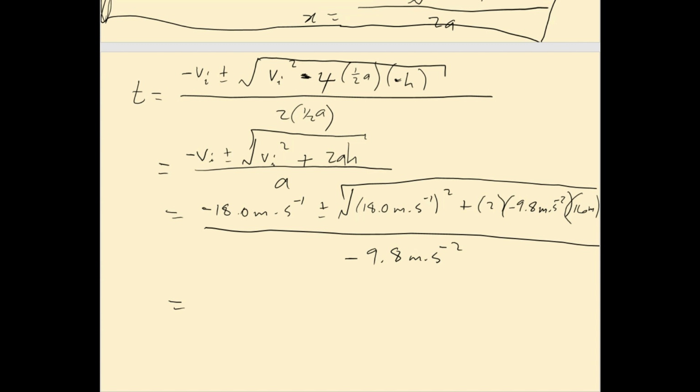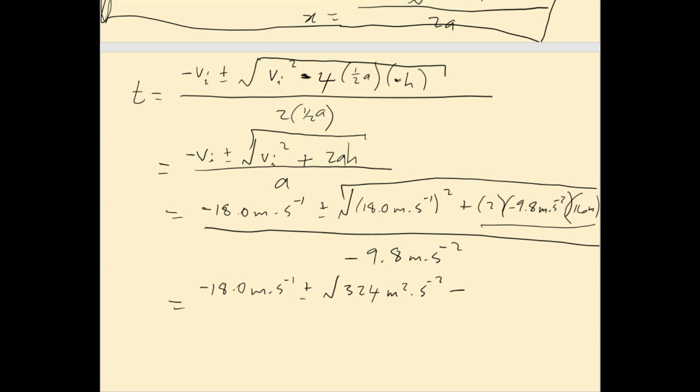Okay, let's do a little more simplification. So we get negative 18.0 meters per second plus or minus the square root of 18 squared, which we did calculate earlier. It was 324 meters squared per second squared. This is going to be a negative answer here, so we're going to have a negative.